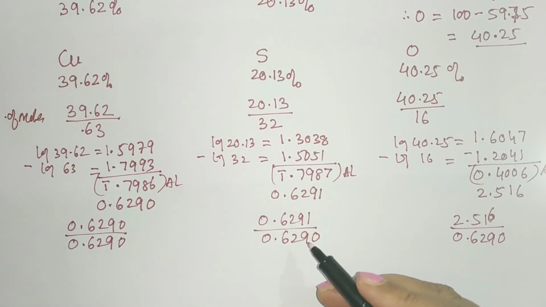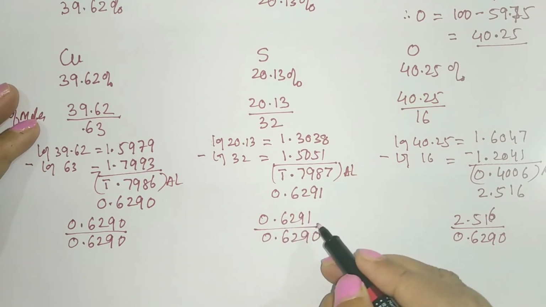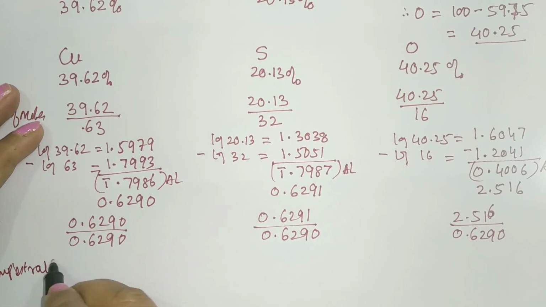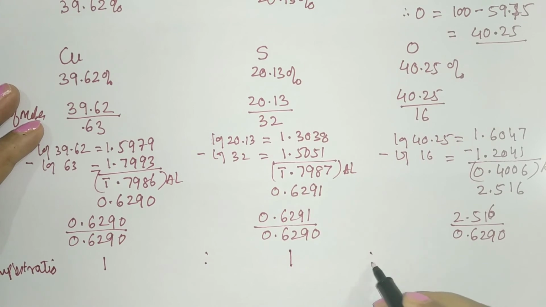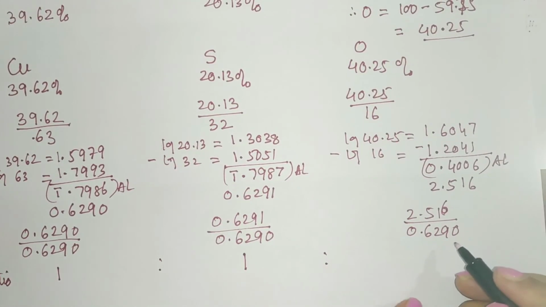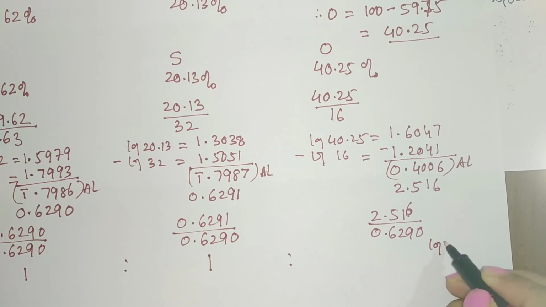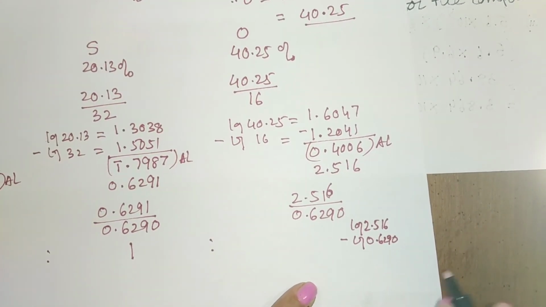Now this is very close. You can go for log or it will be nearly 1. So I'm not doing the calculation here. So what you will get is the simplest ratio. Now what will be the ratio here is 1 is to 1 is 2. To do this, I need to go by log here. So it will be log of 2.516 minus log of 0.6290. So how you will go for the calculation?